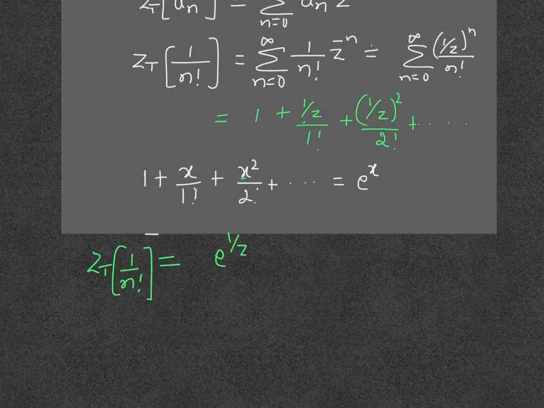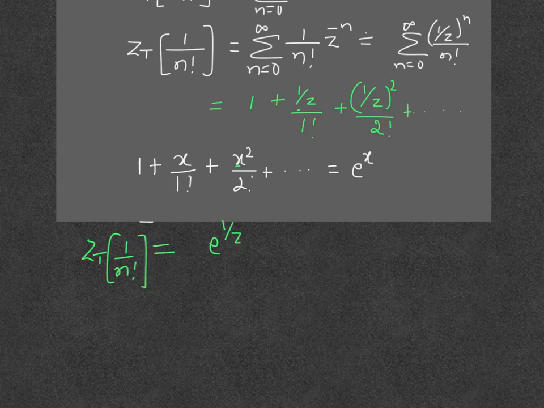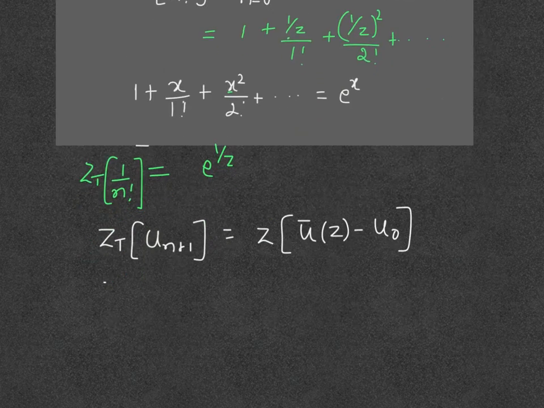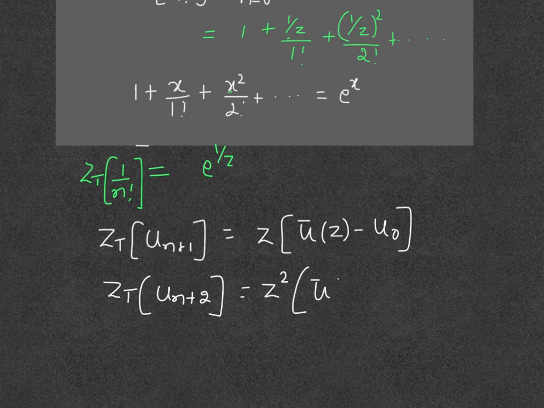And they're asking for extra results, we have to find 1 by (n plus 1) factorial. So you can use this result using the shifting rule. Z transform of u(n plus 1) is z u bar z minus u naught, and the other shifting rule we need here, u(n plus 2), that is z square u bar z minus u naught minus u1 z power minus 1.